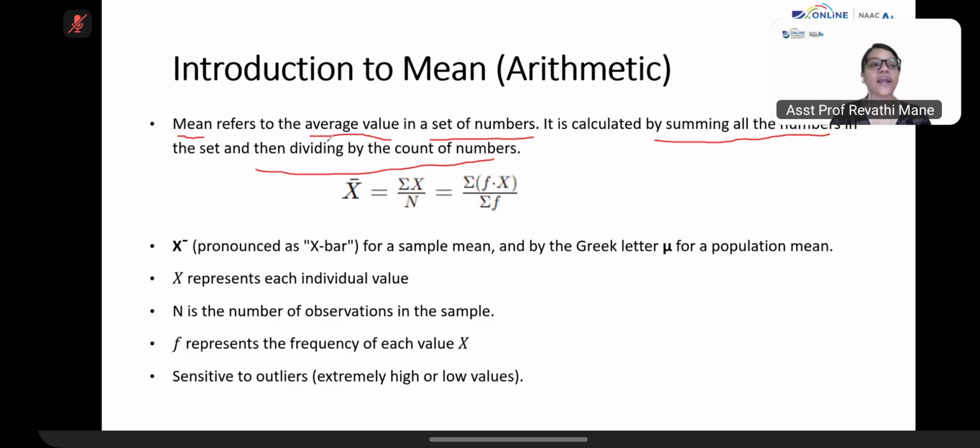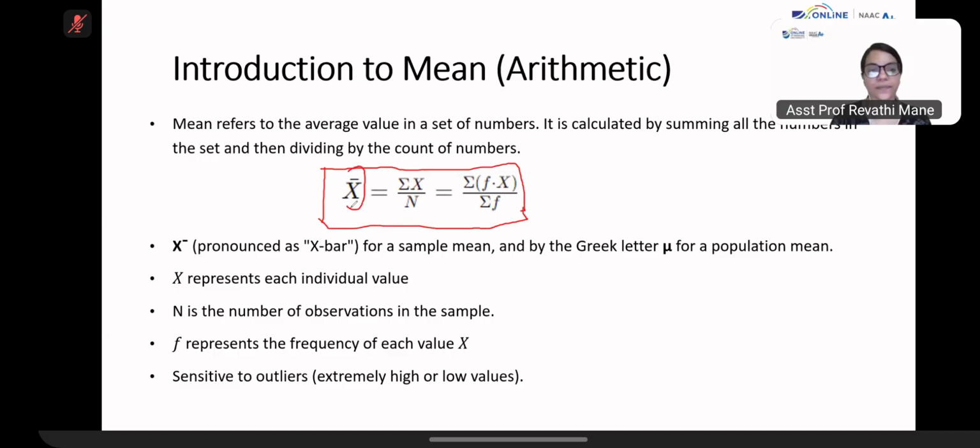And how do you calculate it? This is the formula. आपको इस formula को याद रखना है. So mean can be calculated using this formula. This particular symbol represents mean. You will read it as x bar. X bar represents mean is equal to summation of x divided by n.